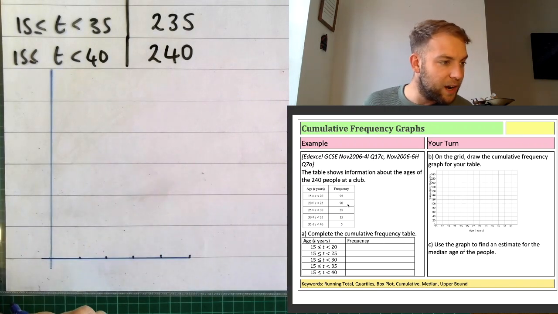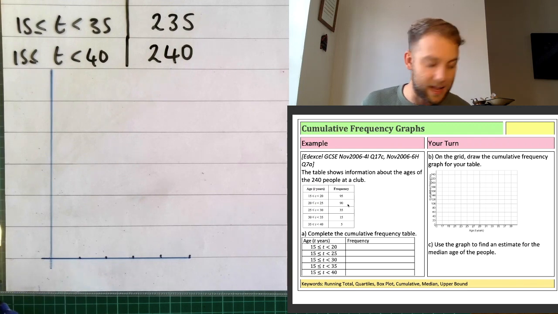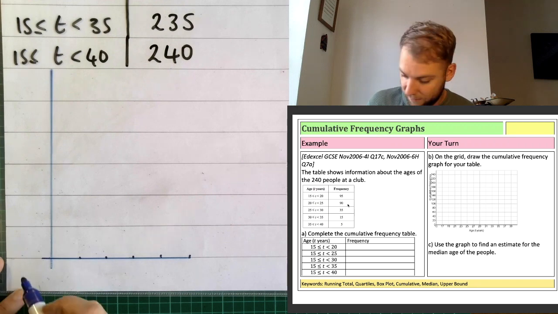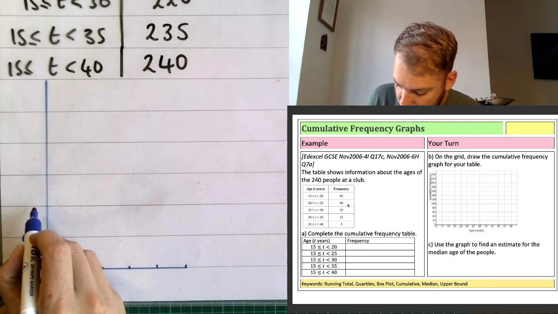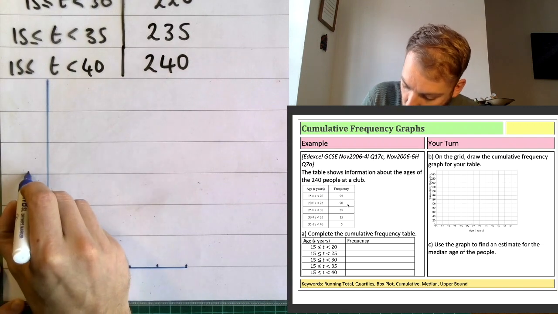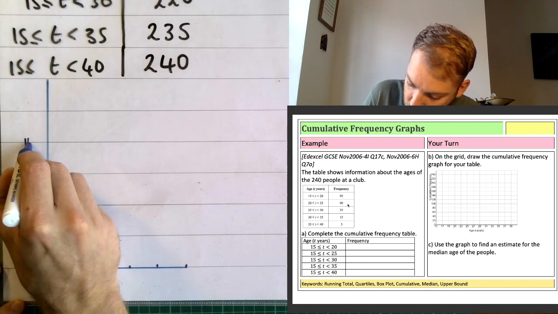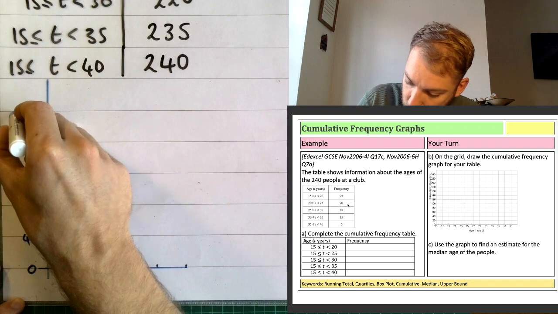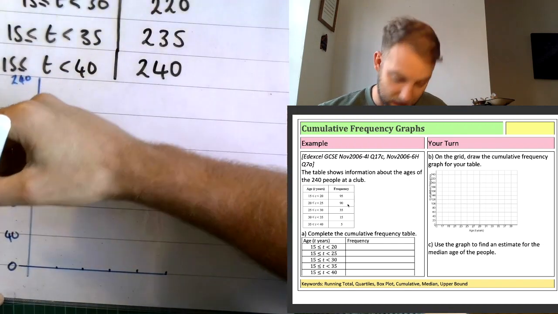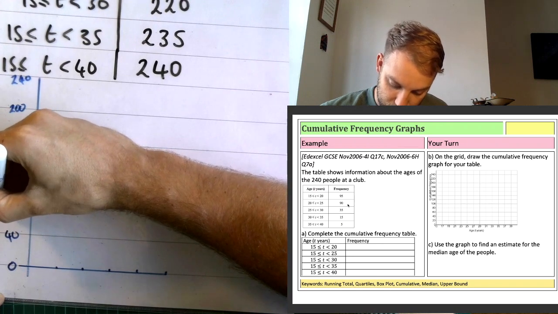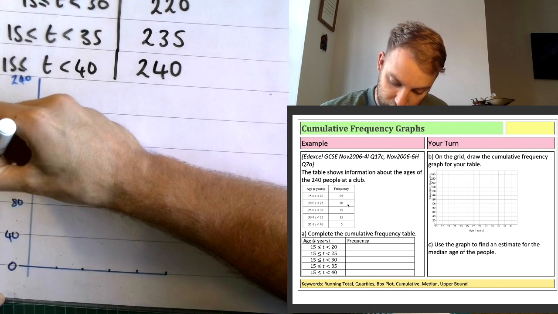So on the left-hand side, I am starting at 0 and I'm going up in 40s, aren't I? So 0, 40, 80, 120, 160, 200 and 240, and I'm going to label that as cumulative frequency.